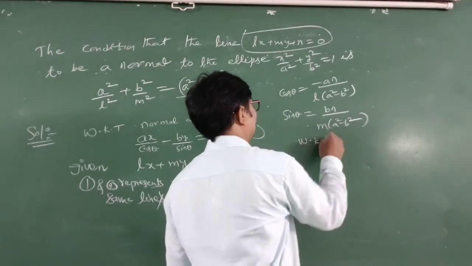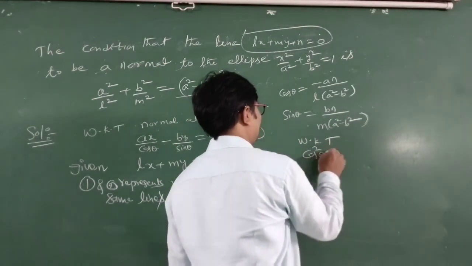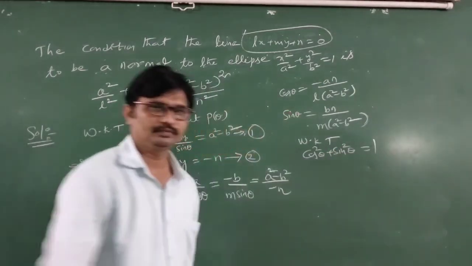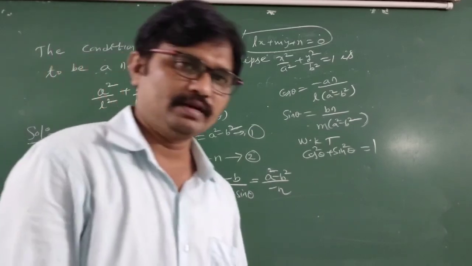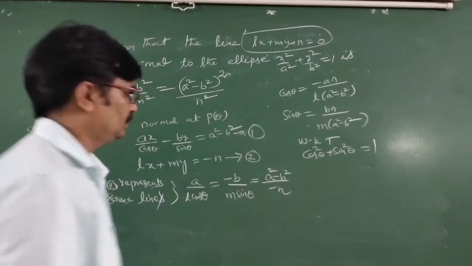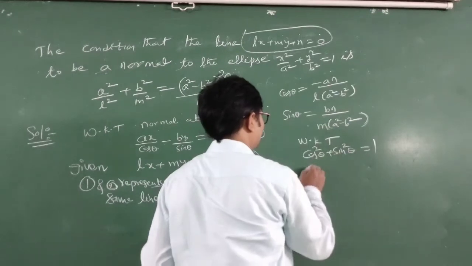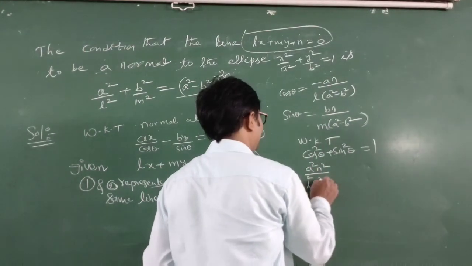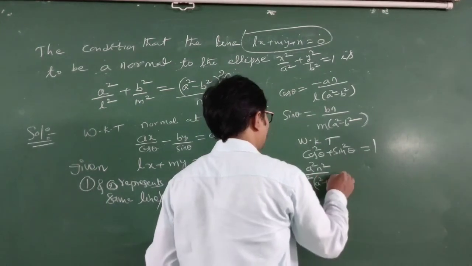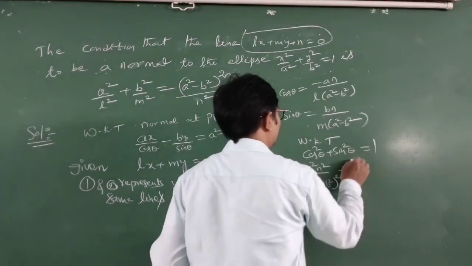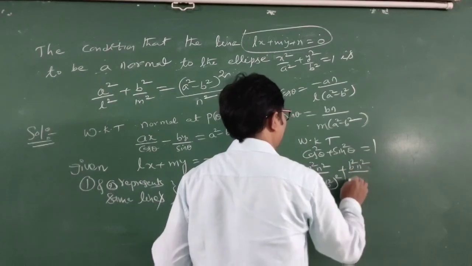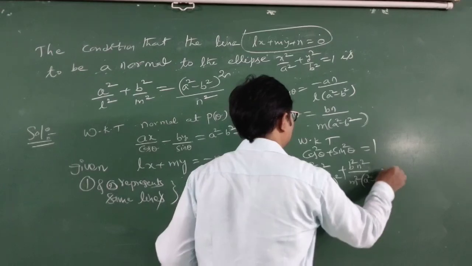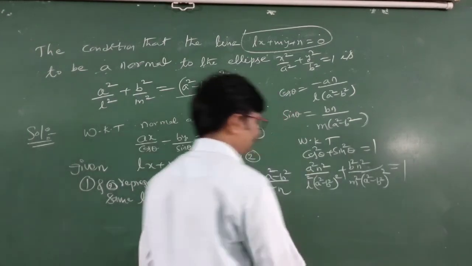We know that cos²θ plus sin²θ equal to 1. Cos²θ is a²n² by l²(a² minus b²)², plus b²n² by m²(a² minus b²)², equal to 1.